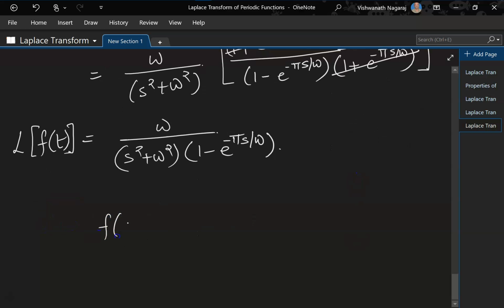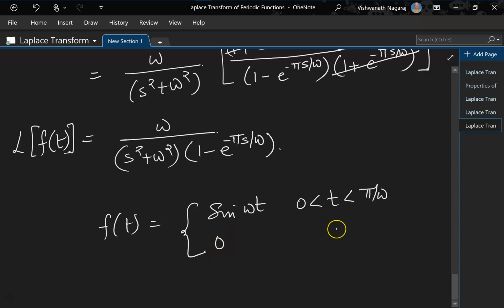What function is that? You have to remember this. It is sine omega t when t is between 0 and pi by omega, and it is 0 when t is between pi by omega and 2 pi by omega.